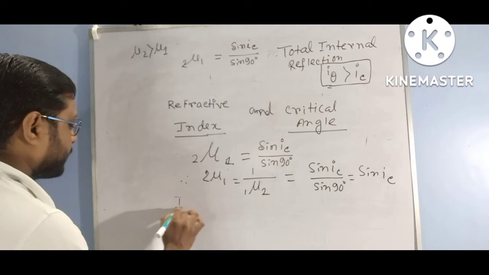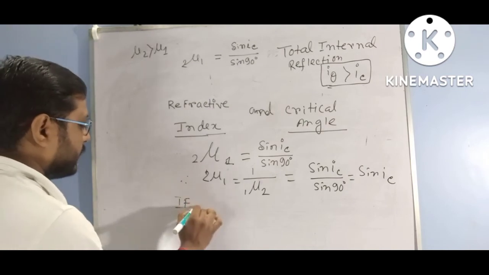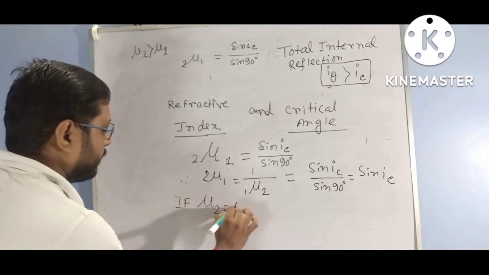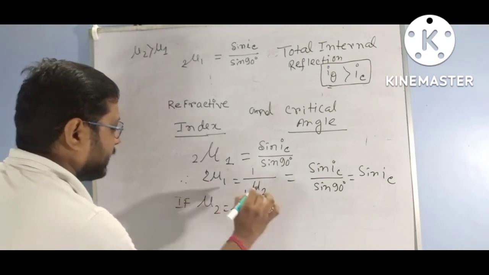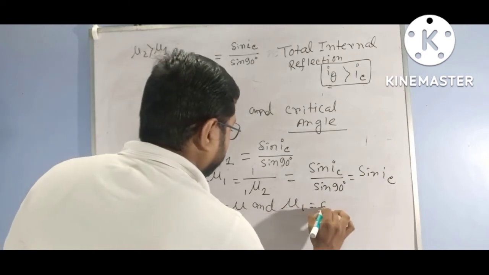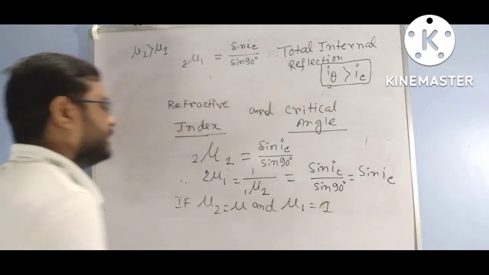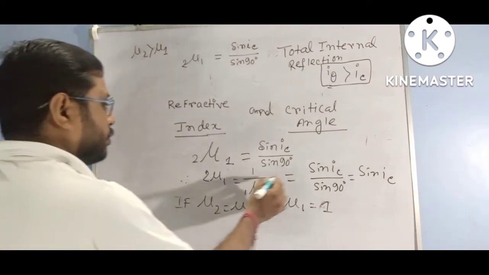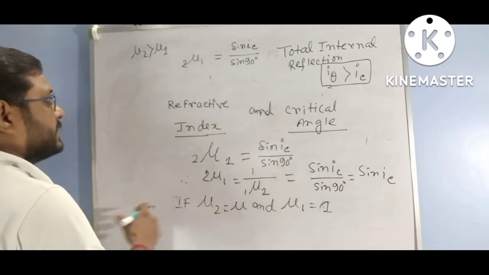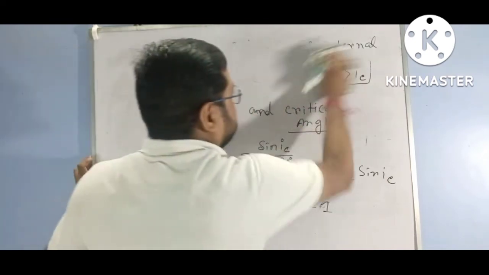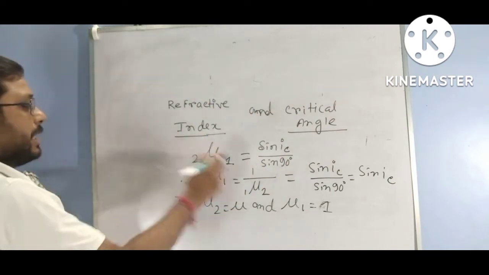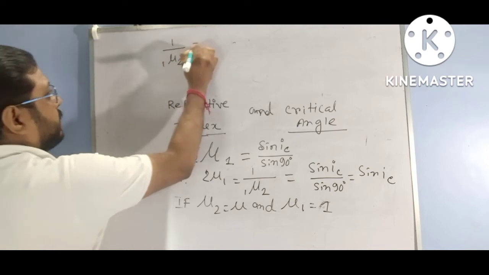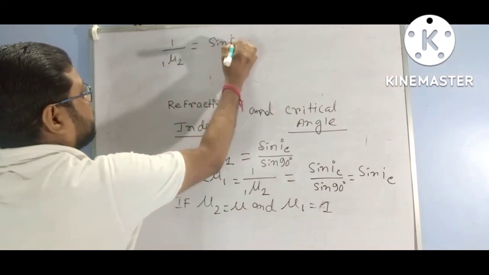Now, if medium 2 has refractive index mu, that is mu 2 equal to mu, and medium 1 is air, that is mu 1 equal to 1, as the refractive index of air is 1, then we can write 1 by 1 mu 2 equal to sine of IC.